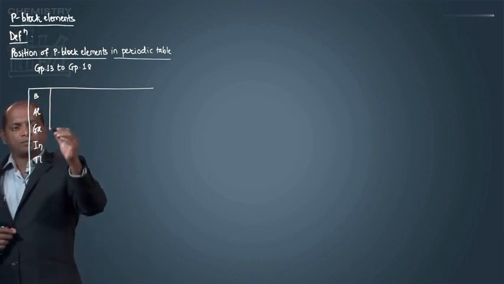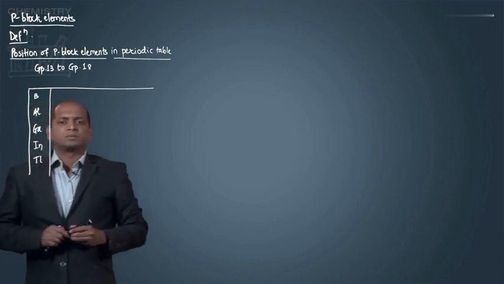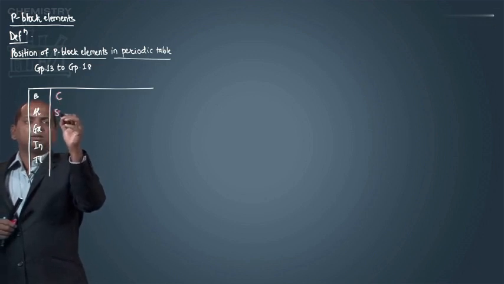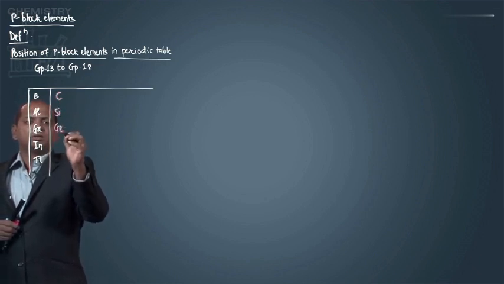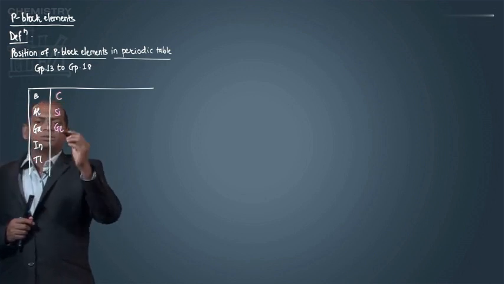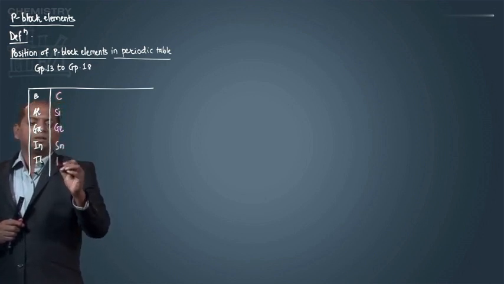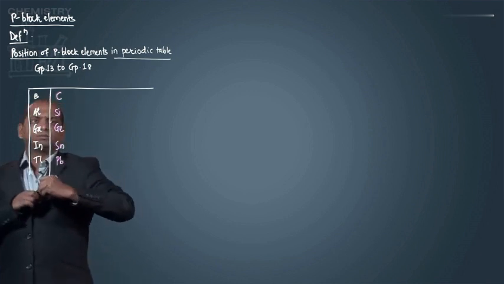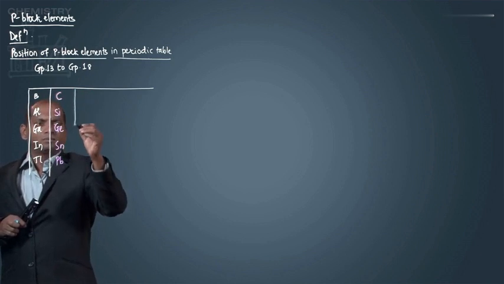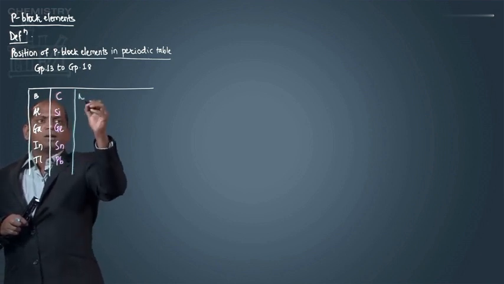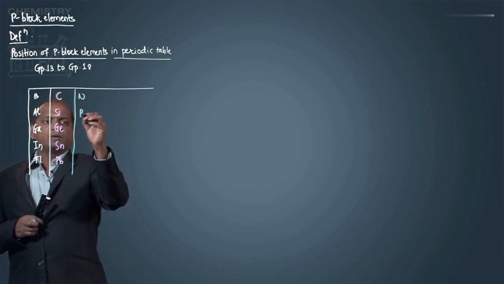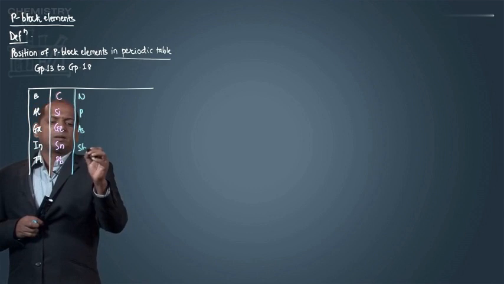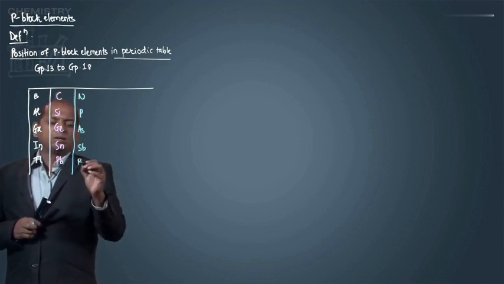So, this is group 13. Carbon, silicon, germanium, tin, lead. Nitrogen, phosphorus, arsenic, antimony, bismuth.